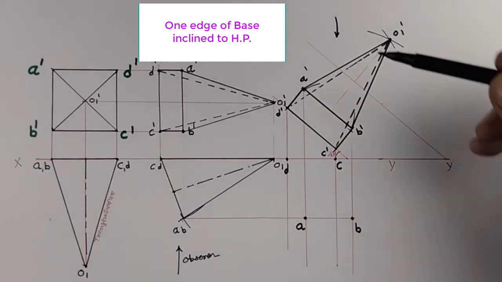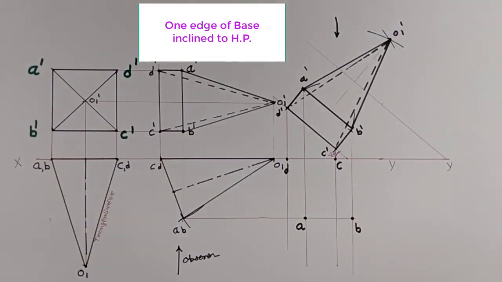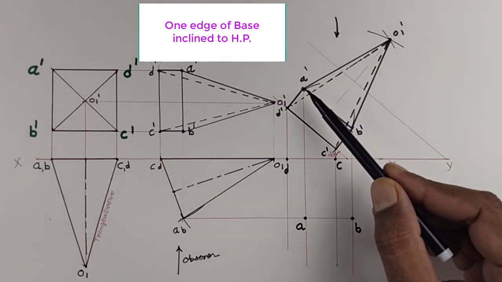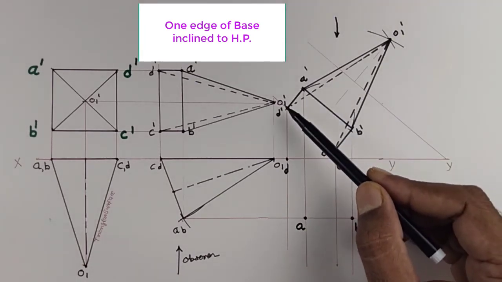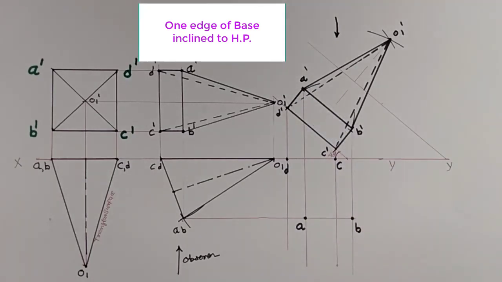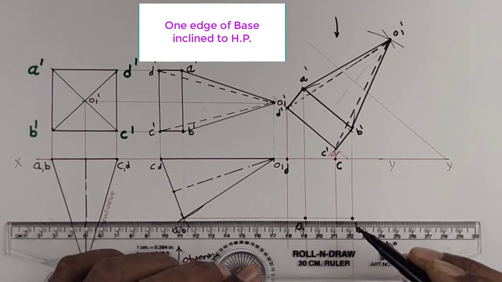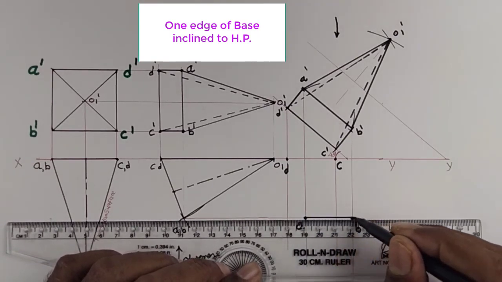Now from the top view orientation, the AB and AD are visible. So what I do? Just I join the A and B with a dark line.